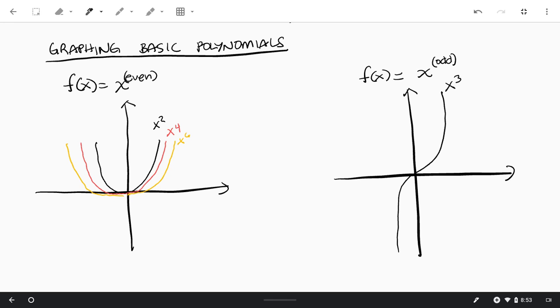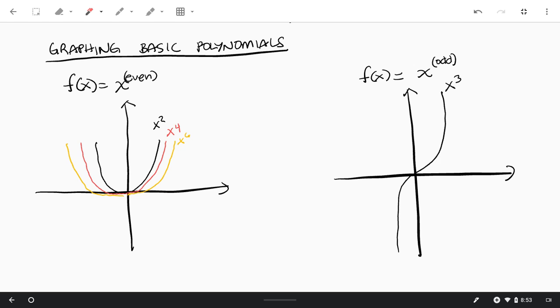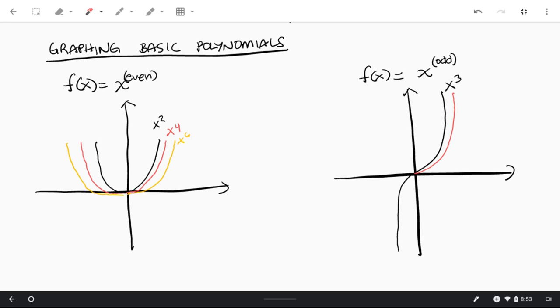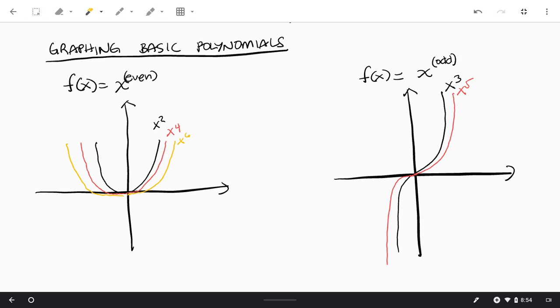Same idea over here. If we do x to the fifth, then right around here, it starts to flatten out. So this one is x to the fifth. And if we do x to the seventh, again, it flattens out right around the origin.